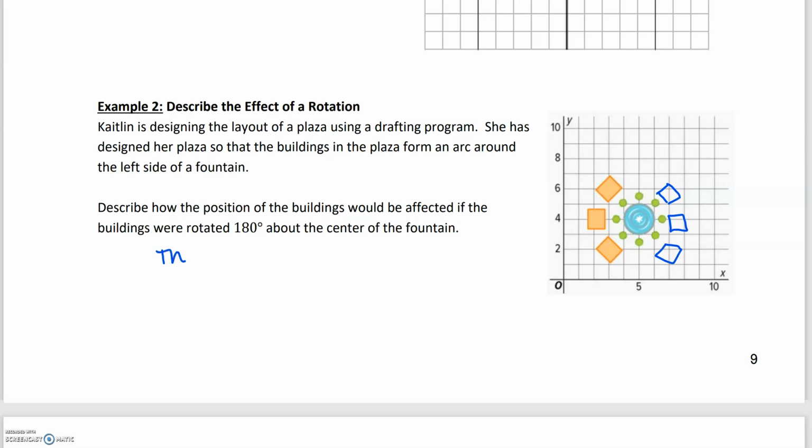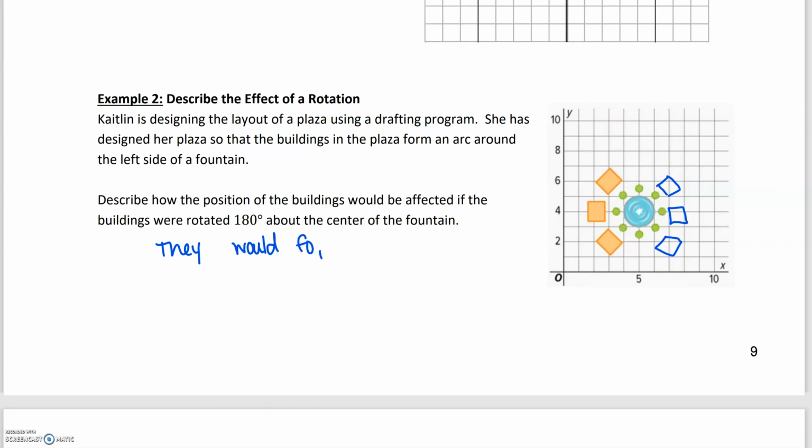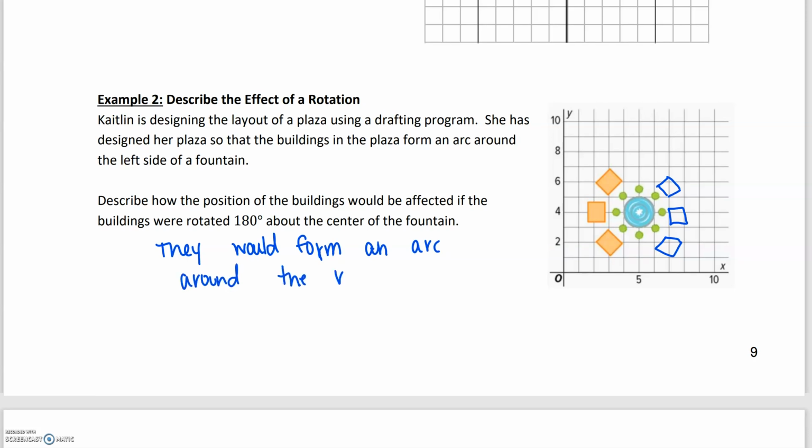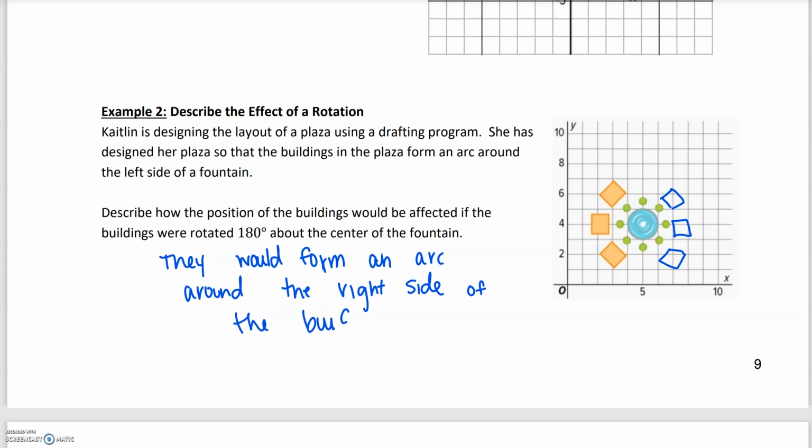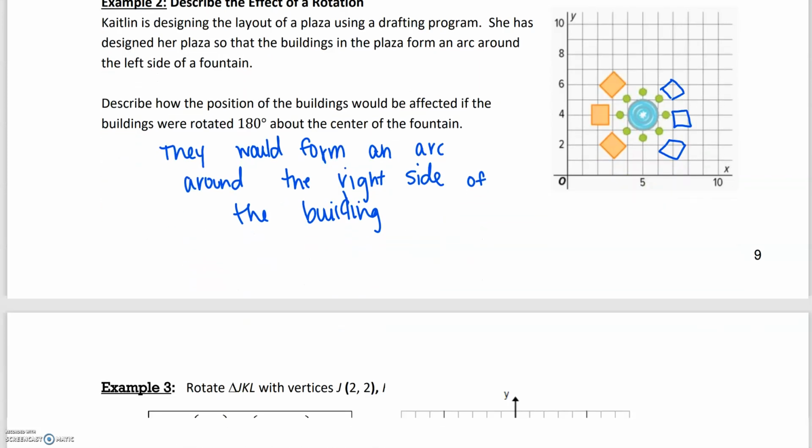So they would form an arc around the right side of the building. You could also kind of turn your paper and actually do the rotation just by turning your actual copy of your notes.